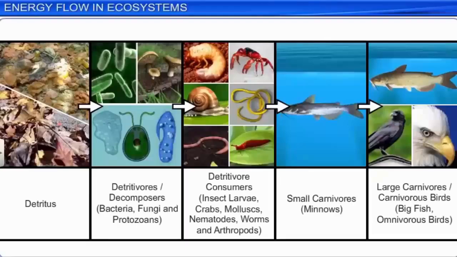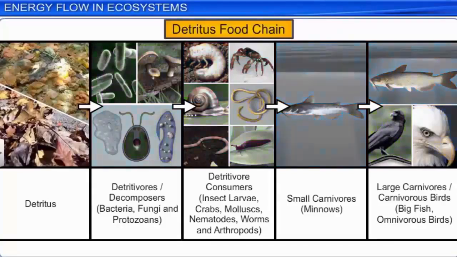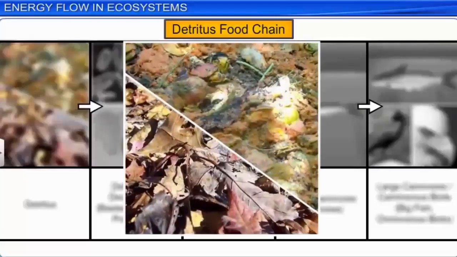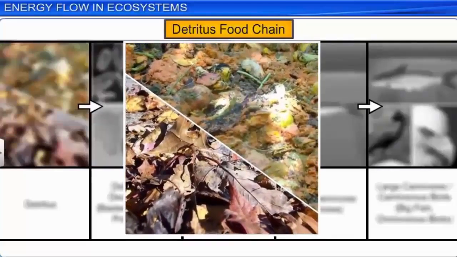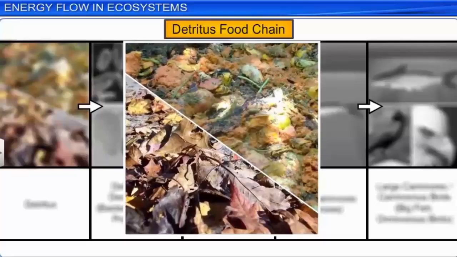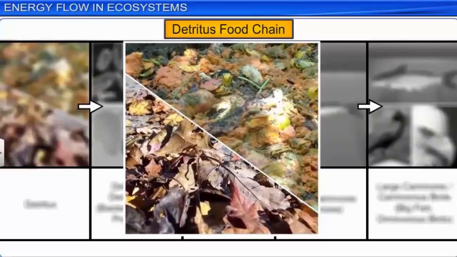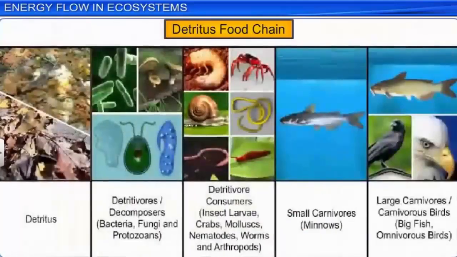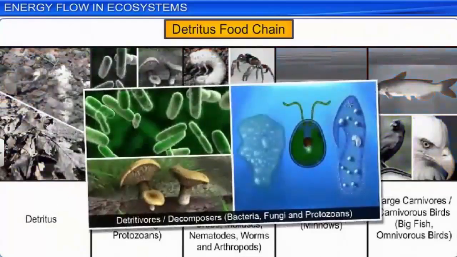The second type of food chain, that is the DFC, begins with detritus, or dead organic matter, which forms the primary source of energy. This detritus is broken down into simple inorganic materials by digestive enzymes secreted by decomposers or saprophytes, and is then absorbed by them to meet their nutrient requirements.